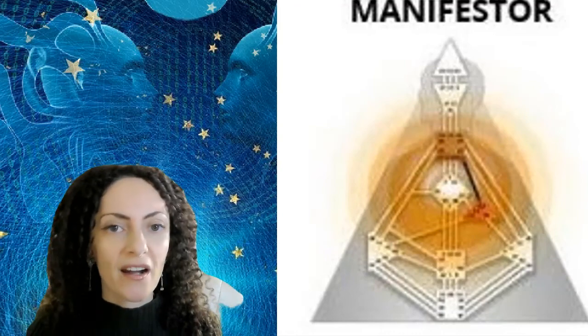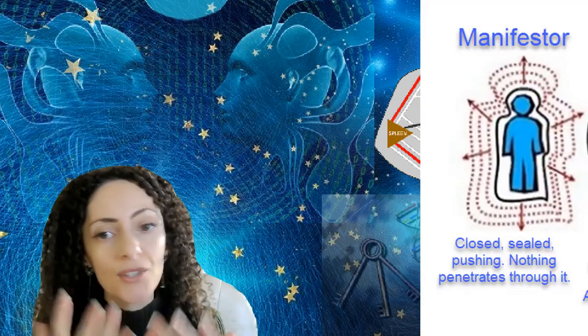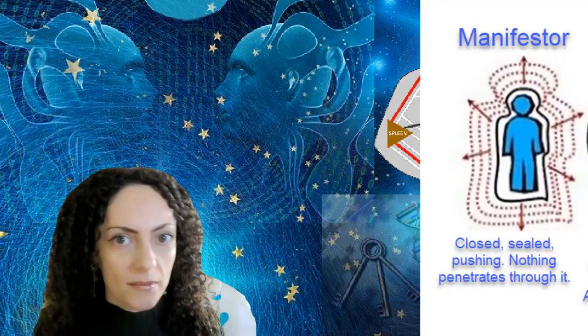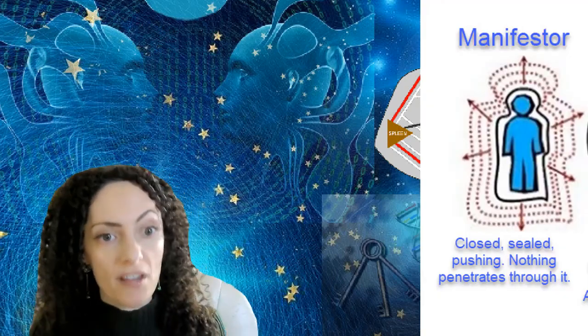Let's dig in even more. So manifestors are born to initiate, to start something and act independently. Their strategy, because of their closed aura, there is a duality here. People cannot read or understand manifestors, they don't feel them, and manifestors cannot read others.